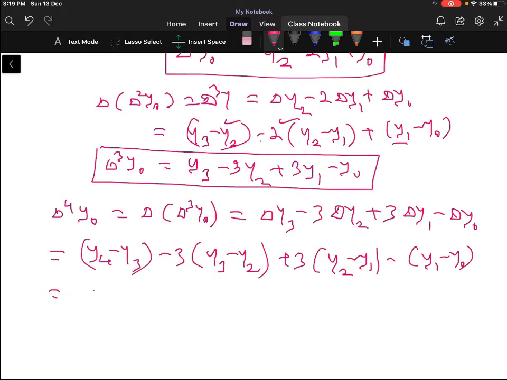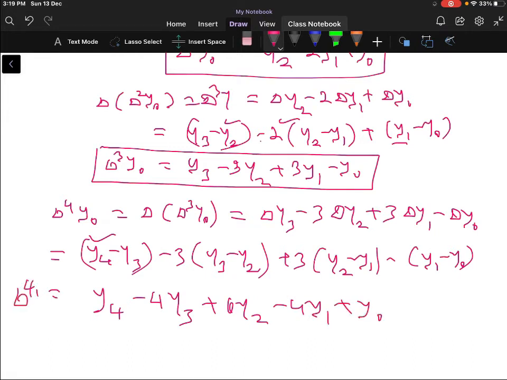So this can be written as y4 minus y3 minus 3y3, that is minus 4y3, plus 3y2 plus 3y2, that is 6y2, minus 3y1 minus y1, that is minus 4y1, and plus y naught.